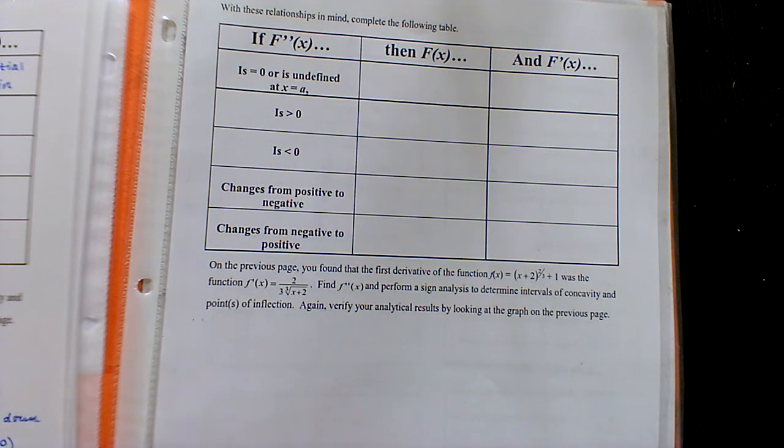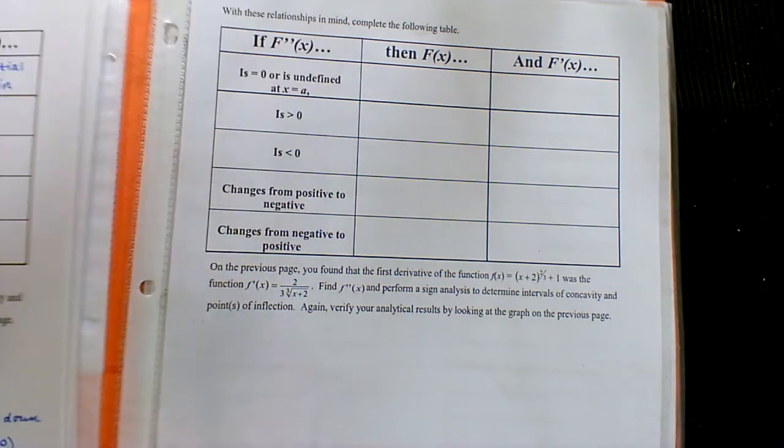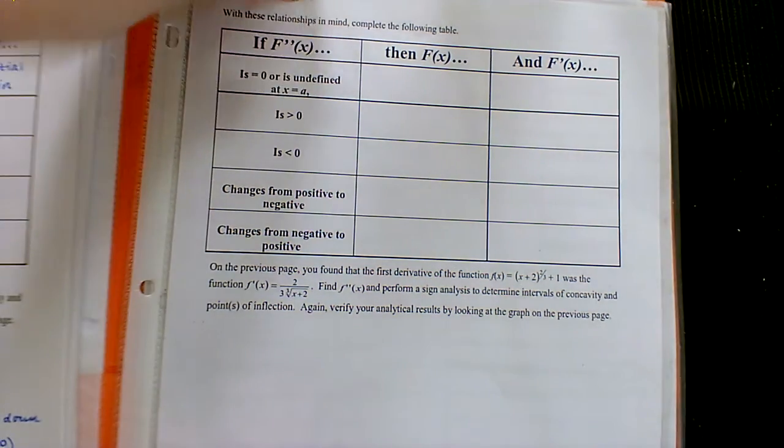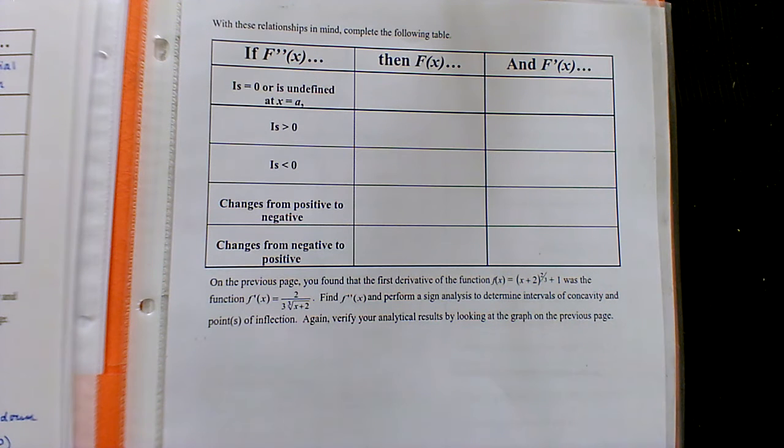So we're going to dive into the second derivative, which is basically the slope of the first derivative. Okay, how is the first derivative changing? And we also brought in a new vocabulary word called a point of inflection, and how that's kind of a key characteristic to identify.